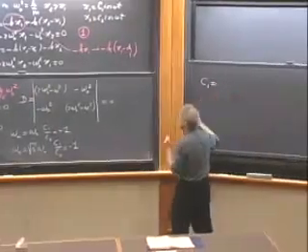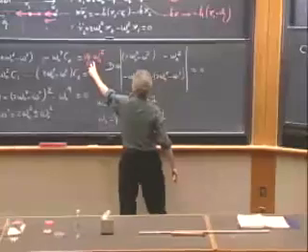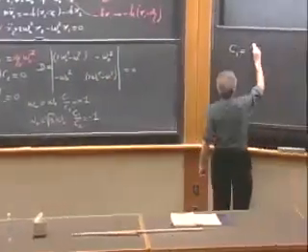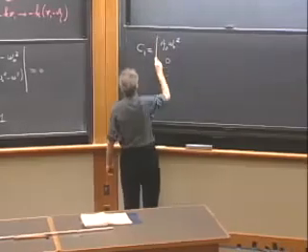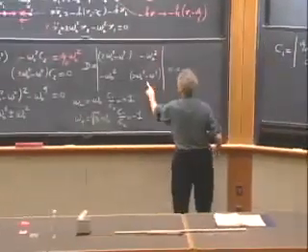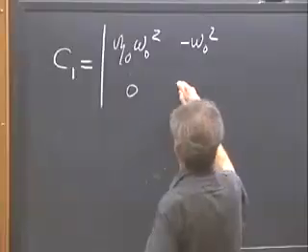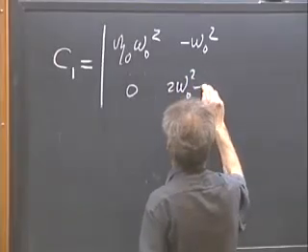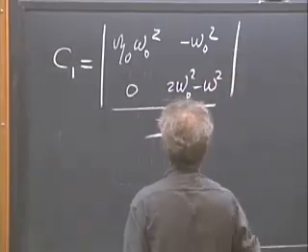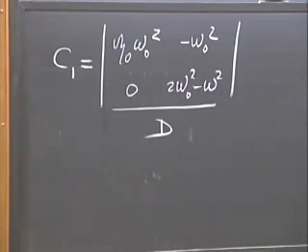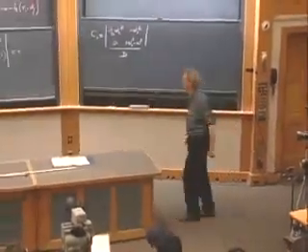So C1 now, using Cramer's rule, this now is my first column, eta 0 omega 0 squared, 0, and this now becomes my second column, minus omega 0 squared, and I get here 2 omega 0 squared minus omega squared divided by d. If I pick a random value for omega, d is not 0. D is only 0 at those 2 resonance frequencies.